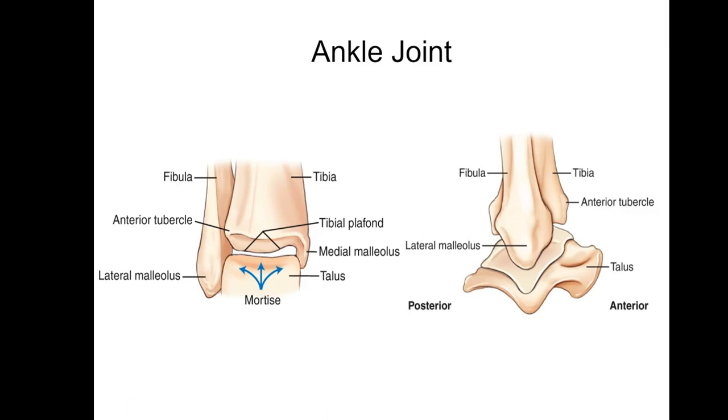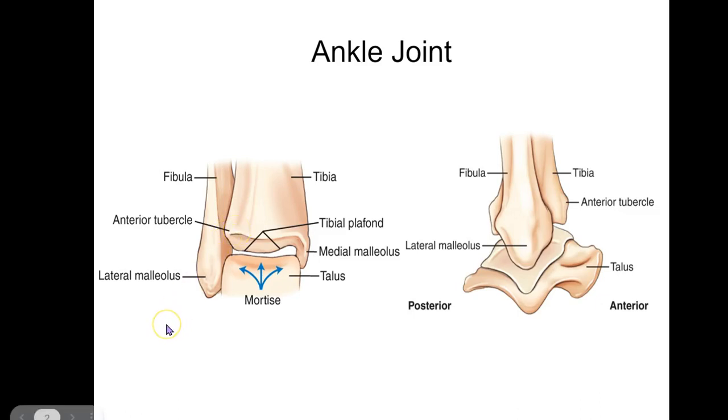The anterior tubercle, so notice that here, that is an expanded bump or process at the distal anterior lateral tibia. So let me say that again. The anterior tubercle is distal on the tibia, it's anterior, and it's lateral.